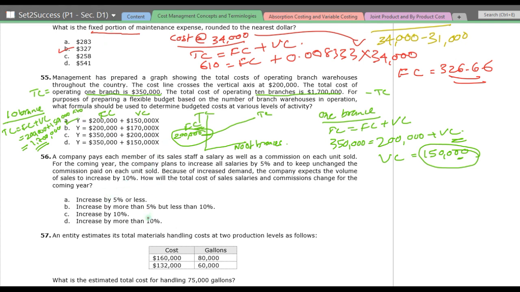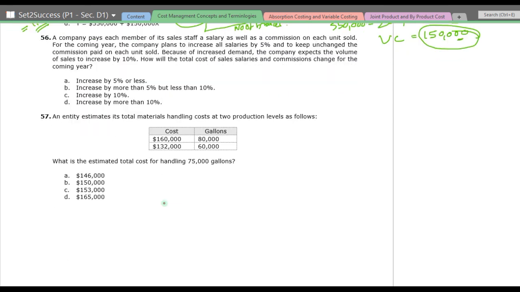Next. A company pays each member of its sales staff a salary as well as a commission on each unit sold. For the coming year, the company plans to increase all salaries by 5% and to keep unchanged the commission paid on each unit sold. Because of increased demand, the company expects the volume of sales to increase by 10%.